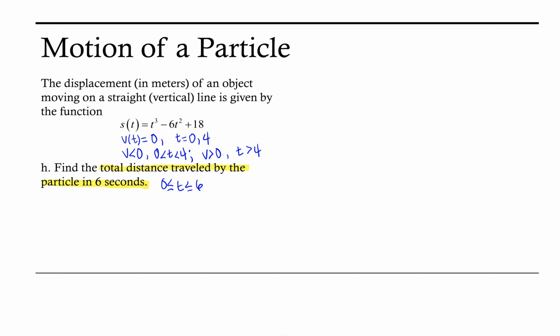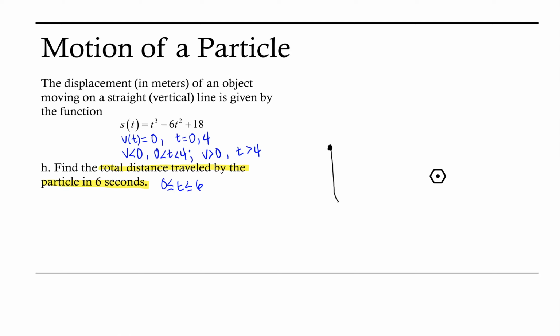So let's think about what's happening with the particle. The particle starts, let's say, at this position, and velocity starts out negative. So we know that the particle is headed this direction. Then at t equals 4, the velocity changes from negative to positive.